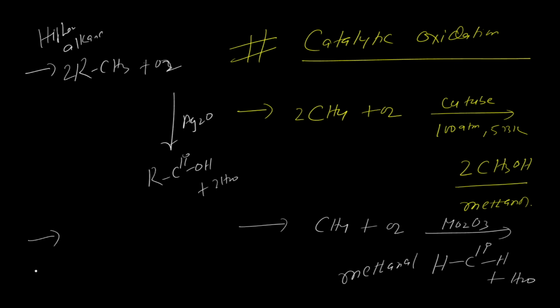Now next one is also catalytic oxidation. In general, if alkaline KMnO4 or K2Cr2O7 is used for an alkane, it can form an alcohol. Like we have isobutane, or 2-methylpropane.